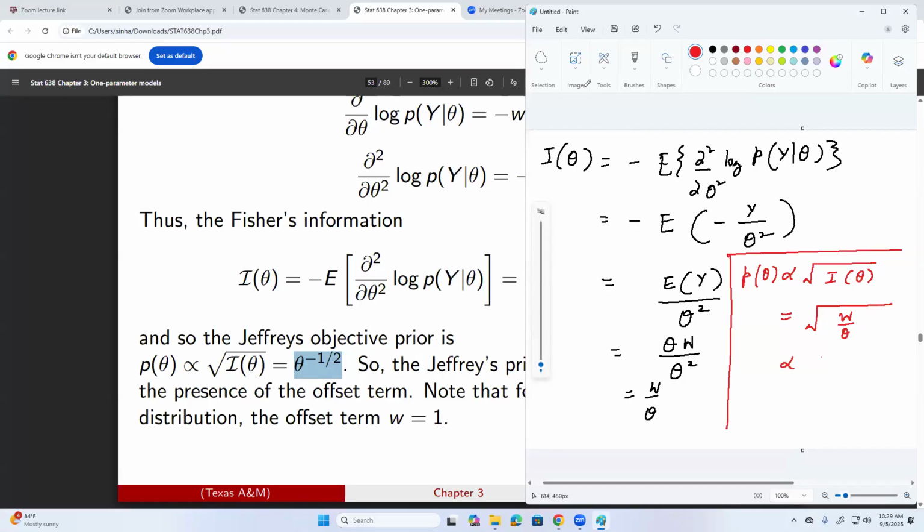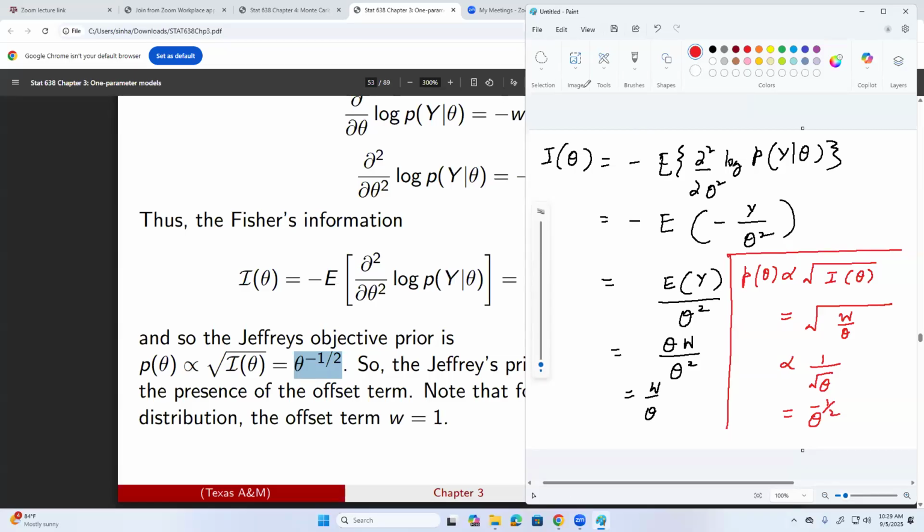So again, I can write it as proportional to this, 1 over square root of theta. I will keep all the theta related terms. Anything which is a multiplier, I can put in the constant of proportionality. And this is theta to the power minus 1/2.